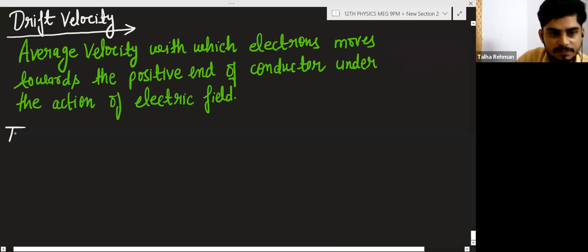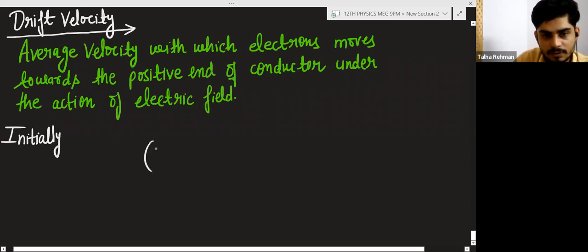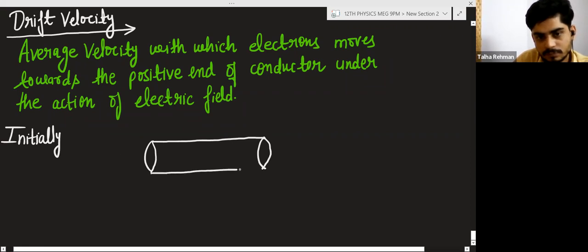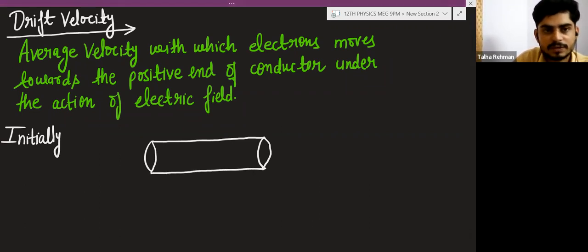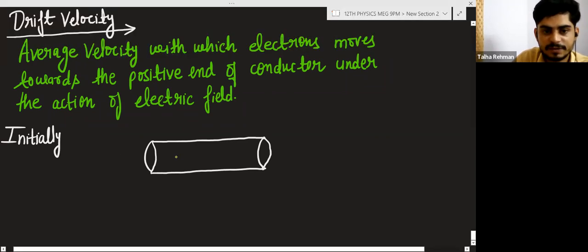So initially, this is the conductor. This conductor has electrons as well as positively charged ions.